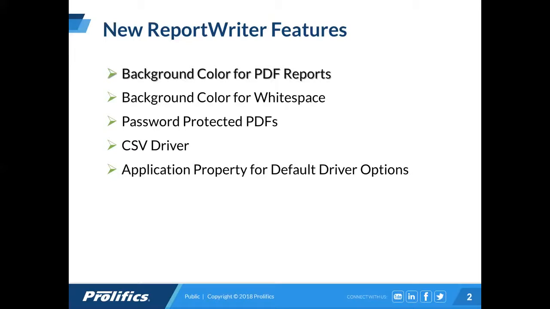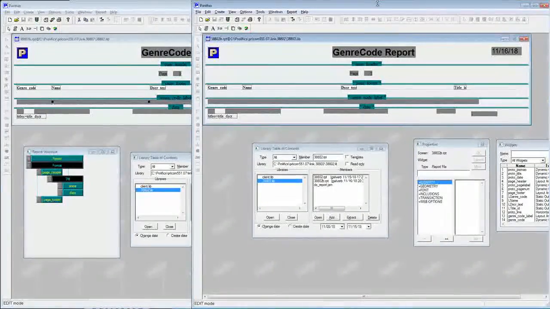So let's talk a little bit about background color. On the left side of my screen, I have a report that was developed with our report wizard, and it makes use of our sample video biz database. That's a JDB database.